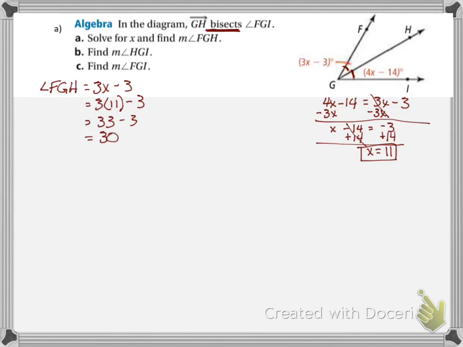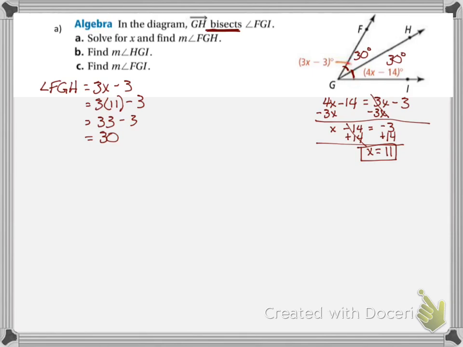So that's saying that the measure of angle FGH right here is 30 degrees. And since GH is bisecting this angle, this should be 30 degrees as well.